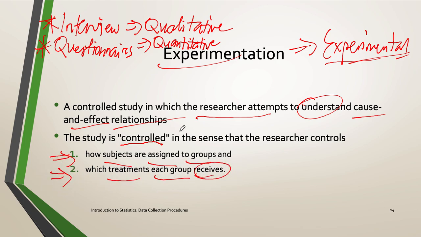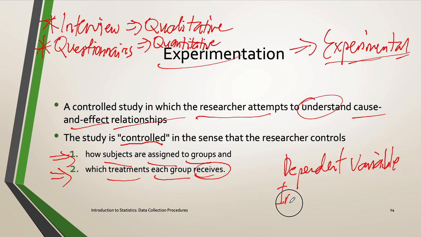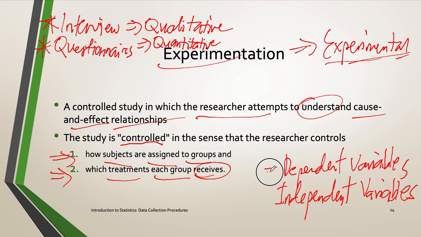This is where the dependent variables and the independent variables come in, also the control variables if you want. So that is for experimentation.